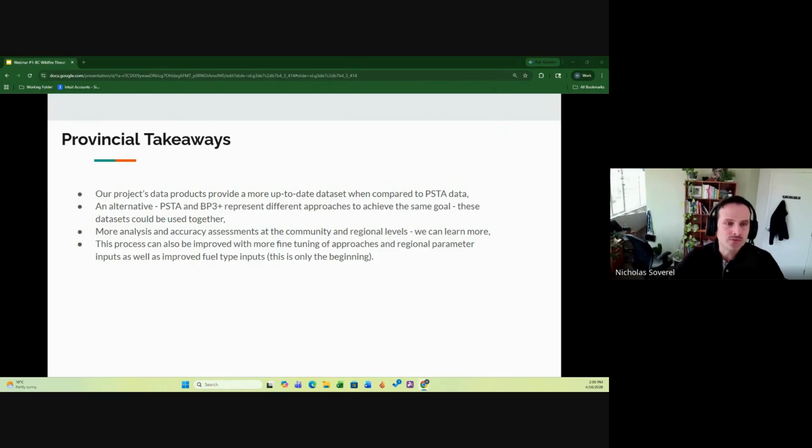They're an alternative, a comparable data set, and our Burn V3 outputs could be used with PSTA to complement it. We're also ready to take feedback from you folks and potentially look at more analysis and continued accuracy assessments at the community and regional levels. We know there's so much more to learn and things to improve upon. And finally, we're going to keep fine-tuning these things here at Frontera and improve the inputs as well.